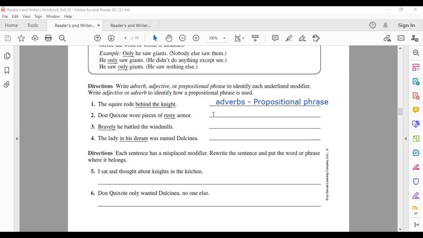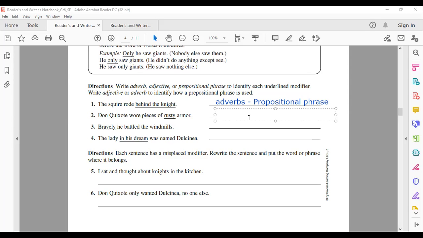Number 2, Malak. Quicksilver wore pieces of rusty armor. So the word rusty right here.